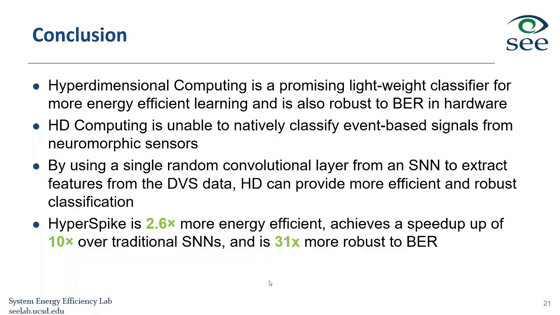However, by using a single random convolutional layer from an SNN to extract features from the DVS data from the neuromorphic sensors, HD can provide more efficient and robust classification compared to traditional SNNs. And overall, HyperSpike is 2.6 times more energy efficient, achieves a speed up of 10 times over traditional SNNs, and is 31 times more robust to bit error rates at a bit error rate of 0.1%.